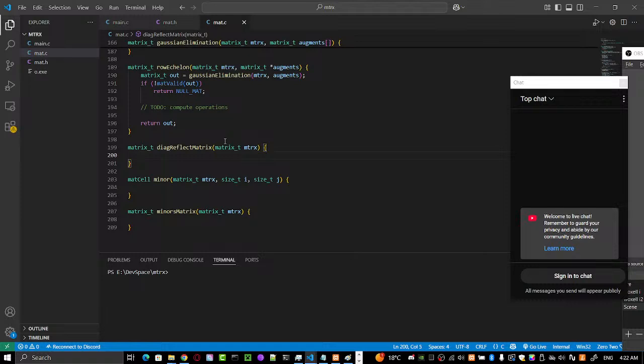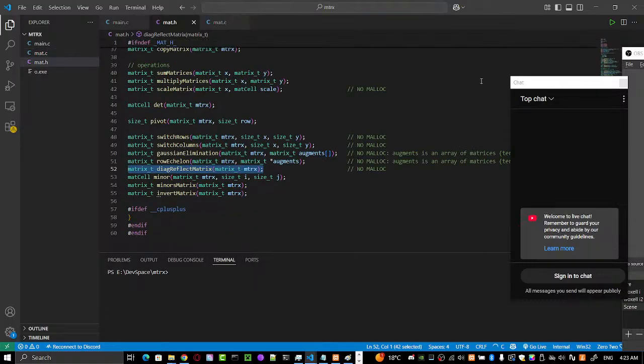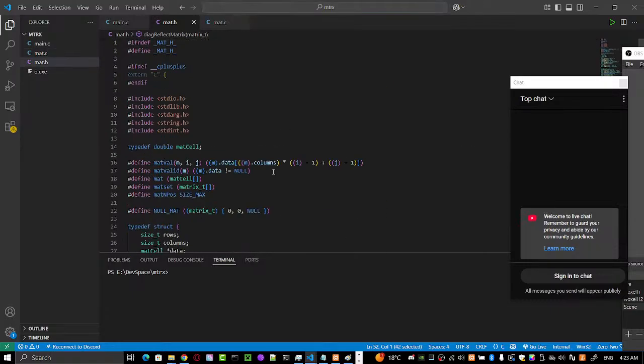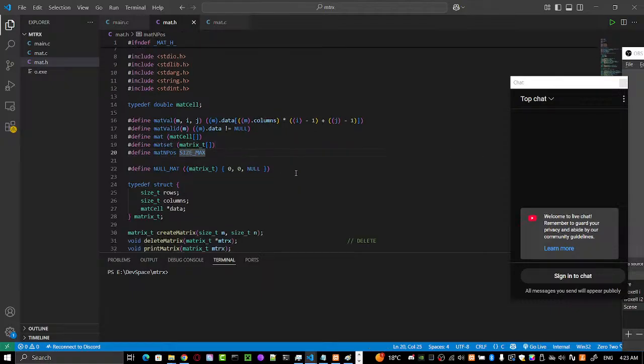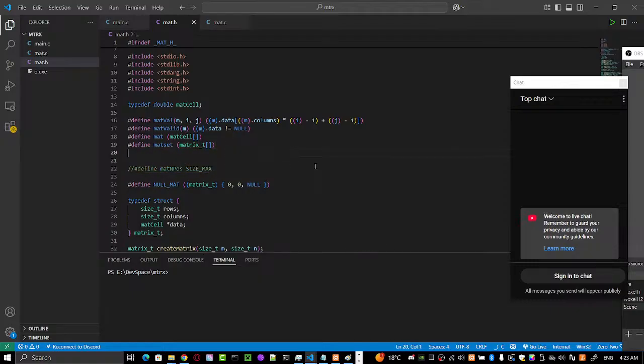So we have to iterate. So let's see what we have to do. First thing, we have to check if this is a square matrix. So to simplify the job, I'm gonna write a macro that does this for us. I don't think this will be used, but for now I'm just gonna put that here.